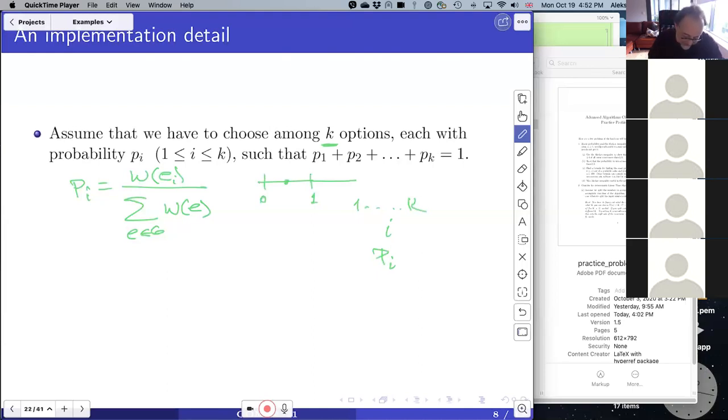Assume that instead of this random number generator, you actually have a dartboard, and you are uniformly, equally likely to throw a dart anywhere inside here. How would you split the interval so that from where the dart falls, you can decide which option to take, and preserve the probabilities p_1, p_2, and so on?